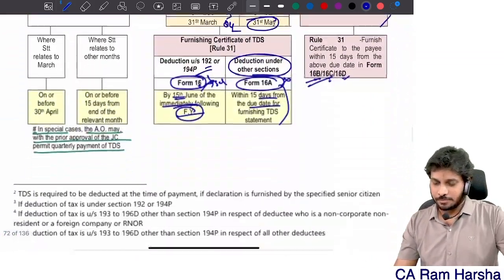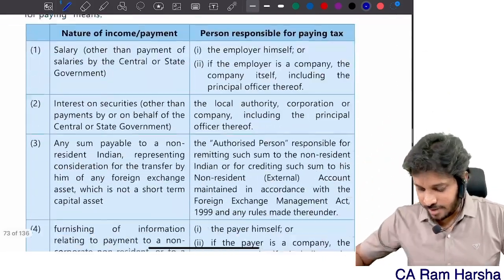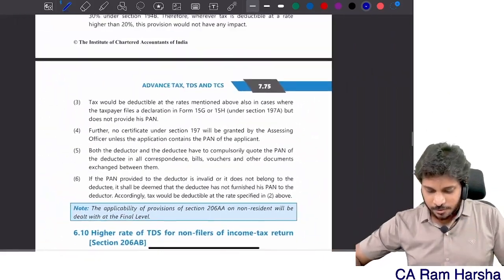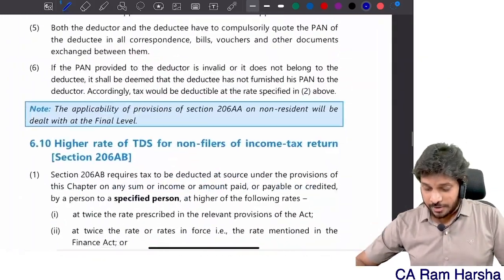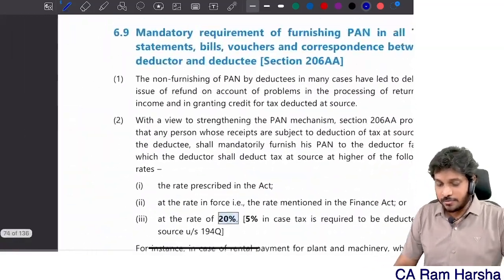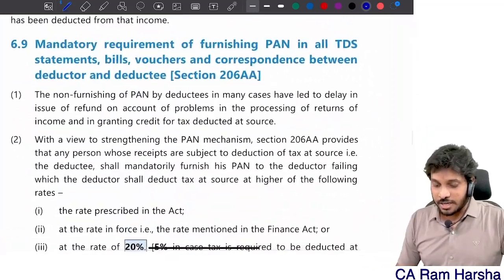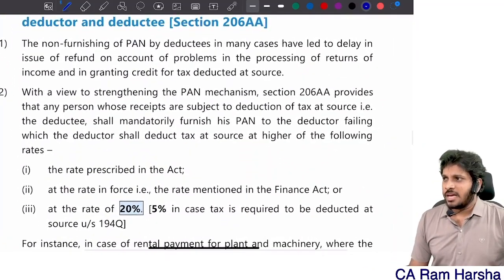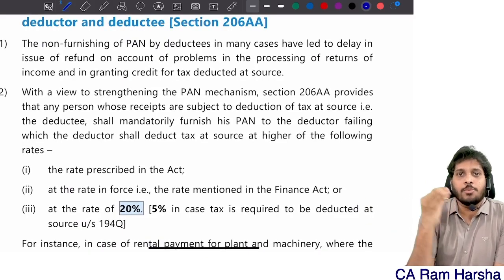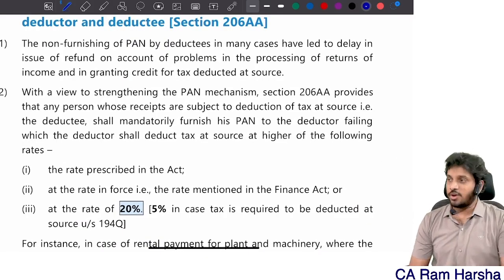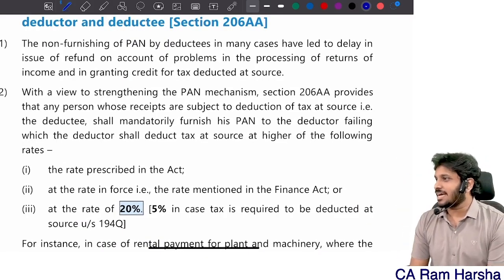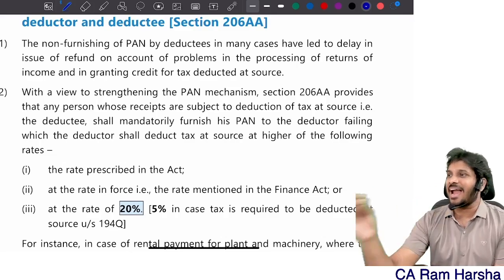Next, TCS provision straight away. Okay, sorry, higher rate of TDS. Higher rate of TDS for non-furnishing of PAN. Suppose the deductee to whom I am paying the amount is not giving me a PAN number.